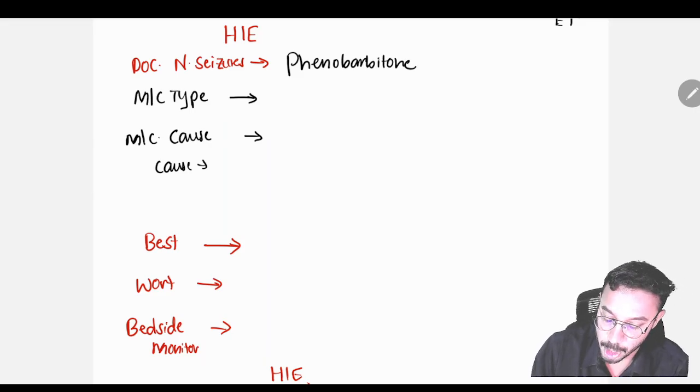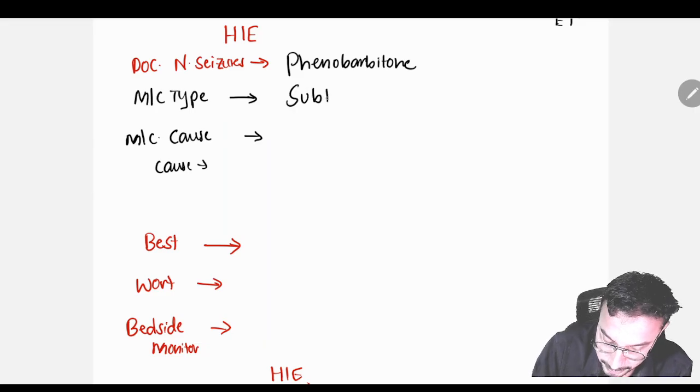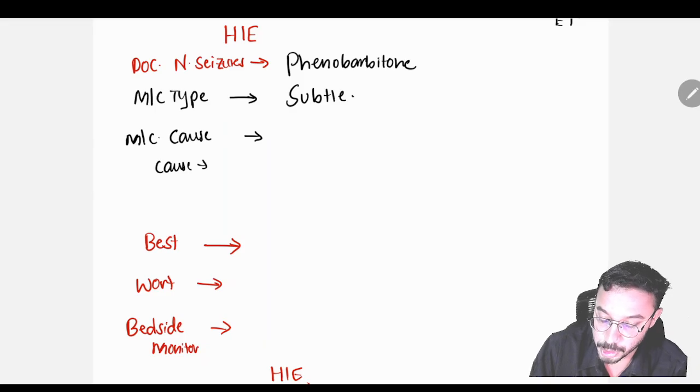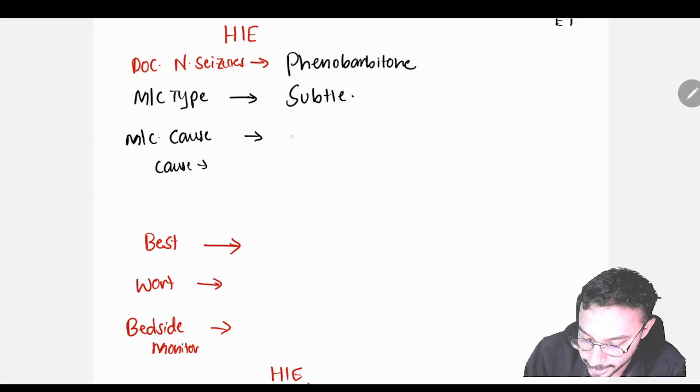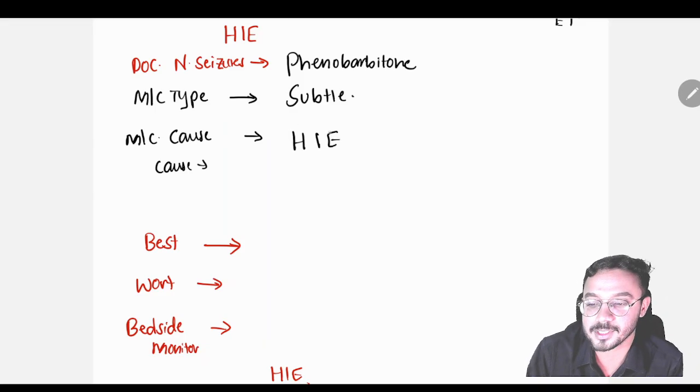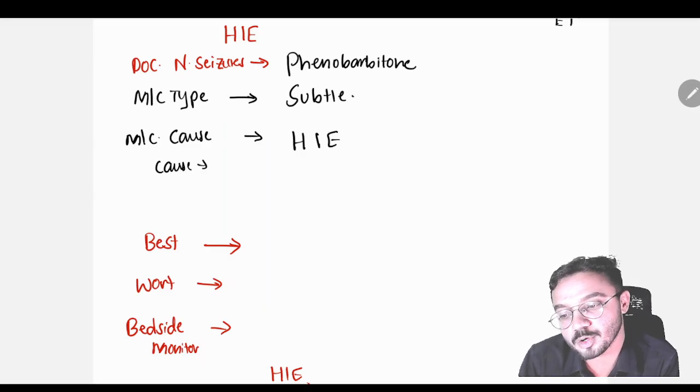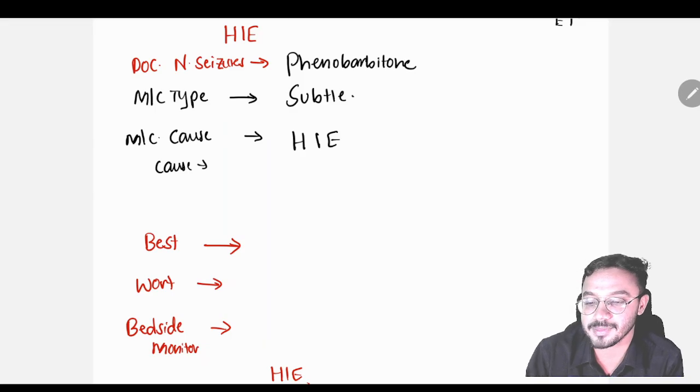And which is the most common type of seizure in a newborn? Subtle seizure. Okay, so what is the most common cause of seizures in a newborn? HIE, hypoxic ischemic encephalopathy.